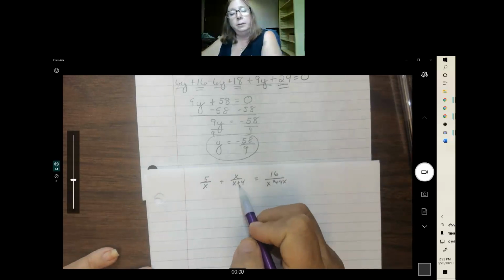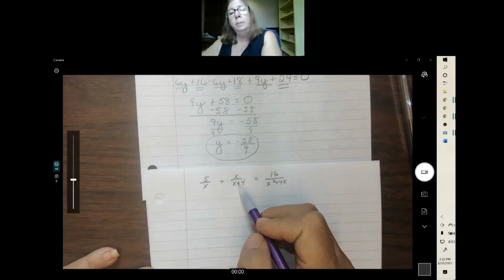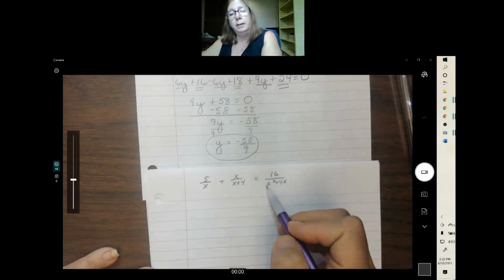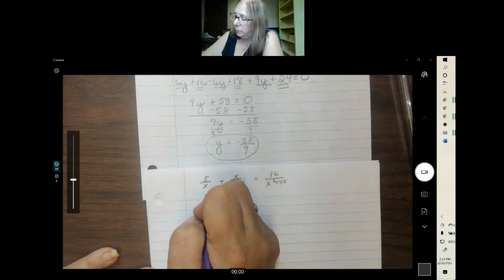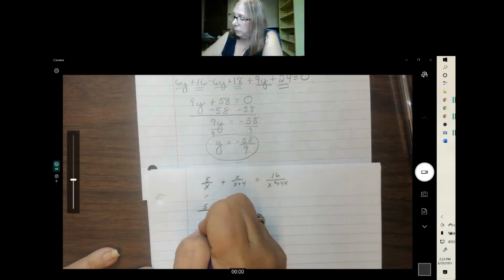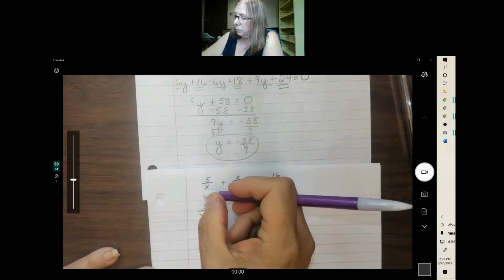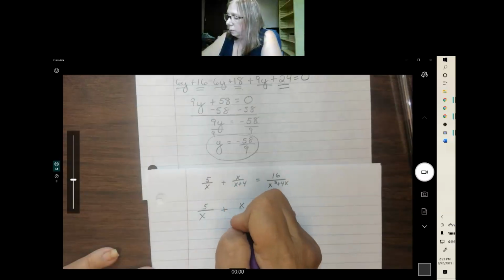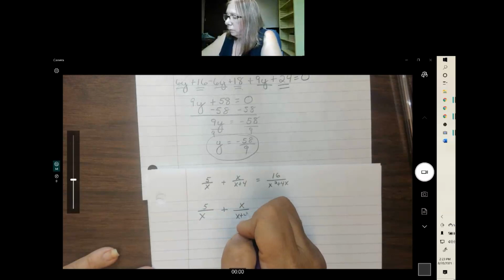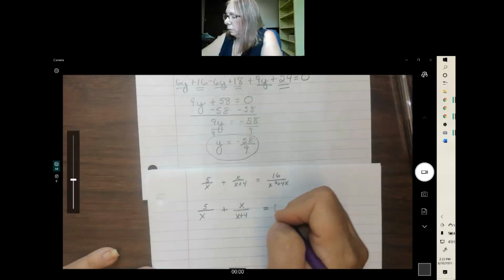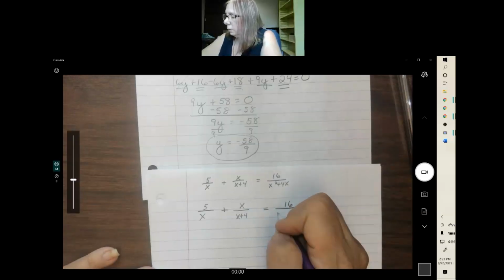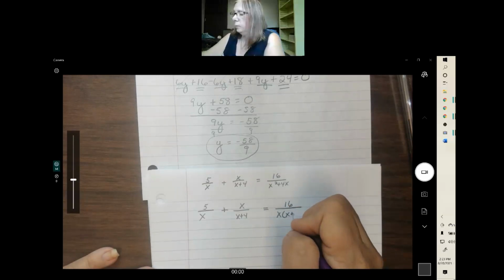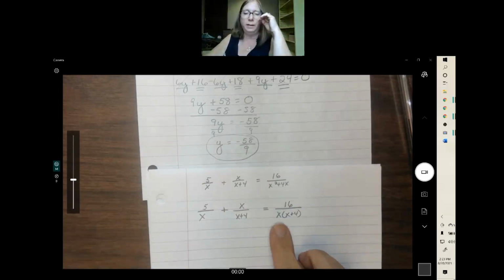These two will not factor because they're x to the first power, but this one we can factor an x out. So when we pull out the x, we have x times x plus 4.